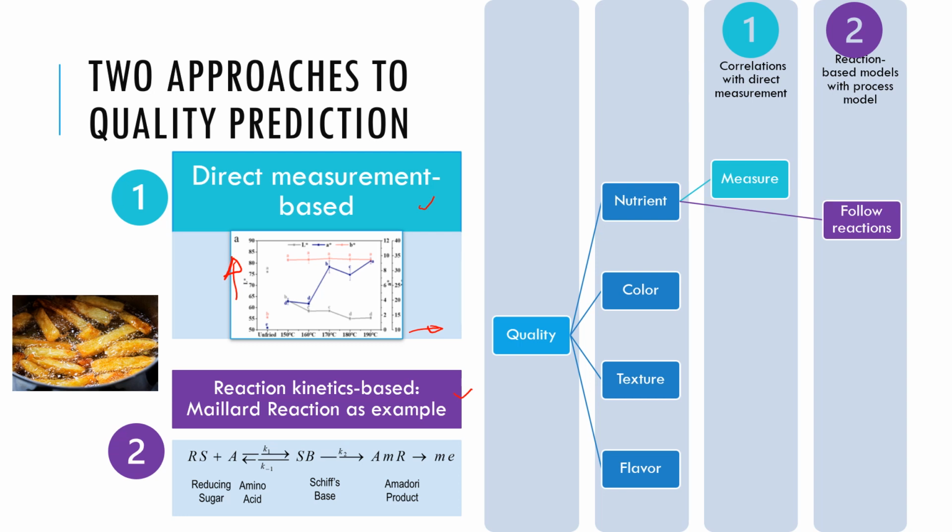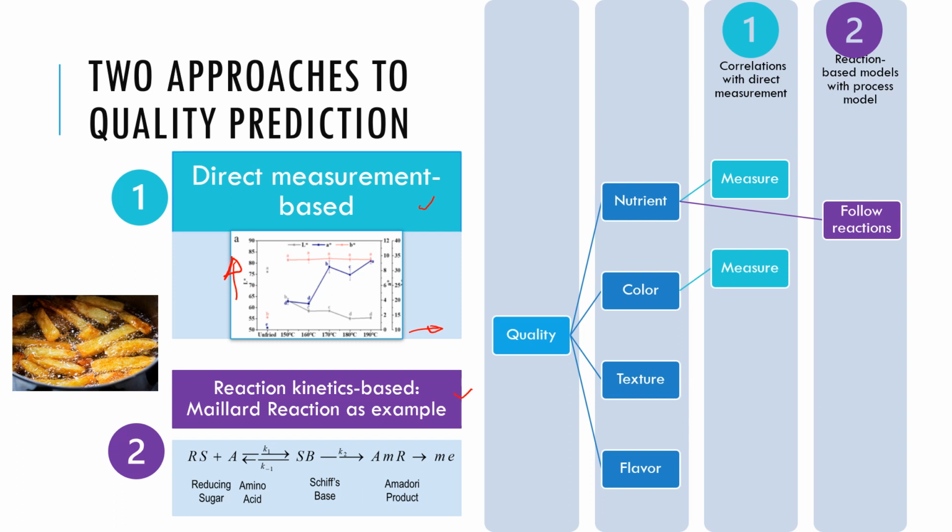But a more mechanistic way would be to think of, let's say, vitamin C as a first order reaction. So we follow the reaction, and then the reaction rate has a temperature dependency, and that's how we're going to bring in the temperature or the process variables. So the same thing for color that I just mentioned.